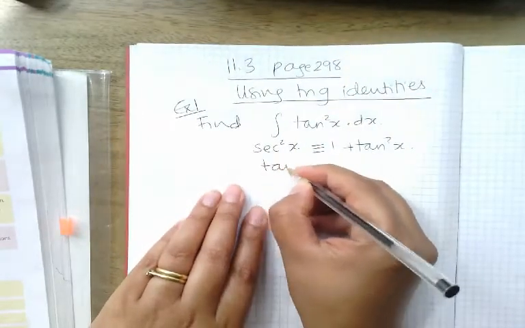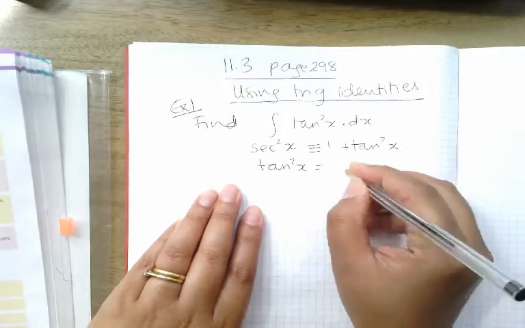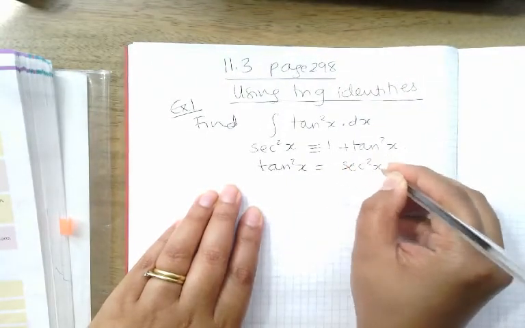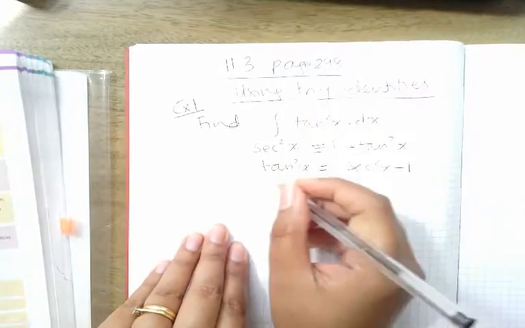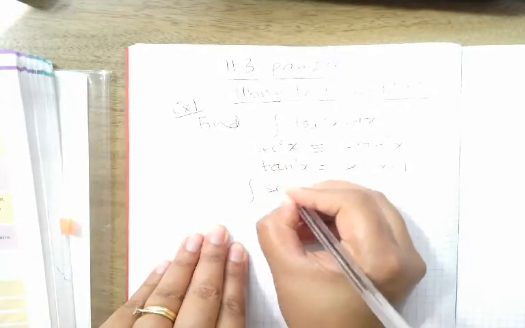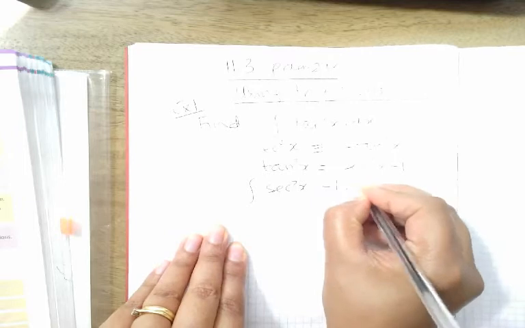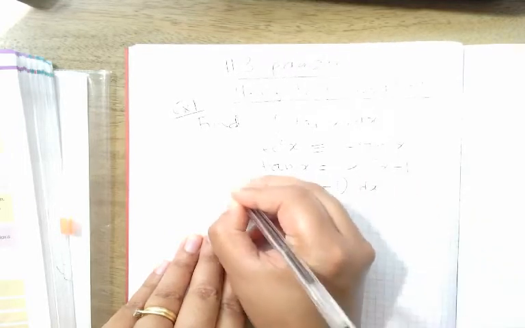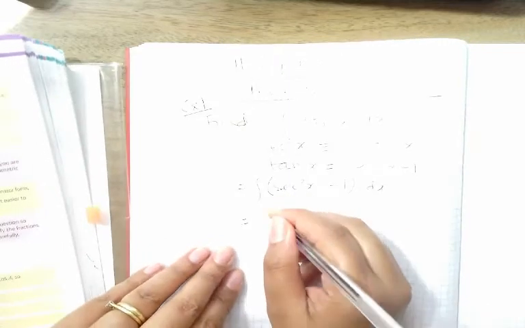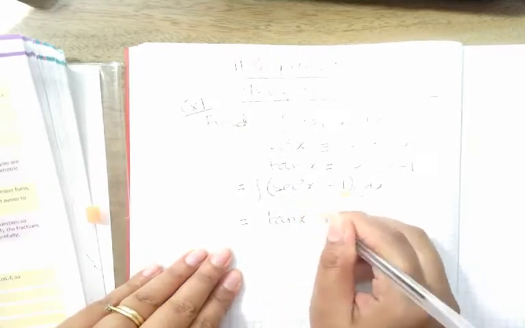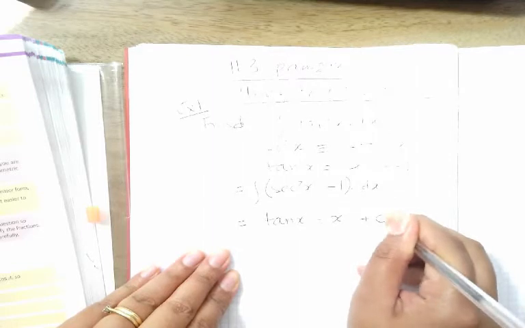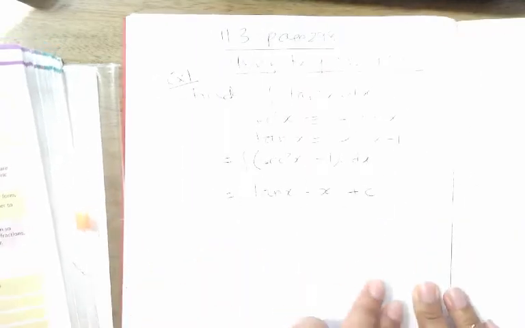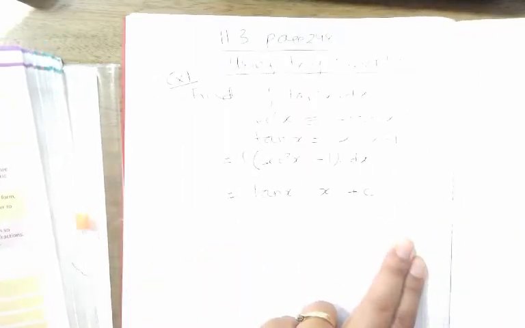So tan squared x is equal to sec squared x minus 1, and I'm going to substitute that in there. Now go back to my list, and I know the integral for sec squared, which is tan x. So this integrates to tan x, and 1 integrates to x, and I put my constant there.